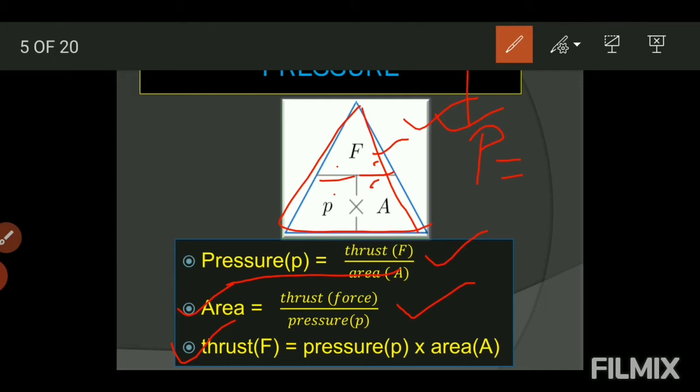If you have to find the thrust, it is equal to pressure into area. So all three formulas can be very easily learned using this triangle. I have given you a trick to remember the formulas, and you need to learn them so that you can very easily solve the numericals.